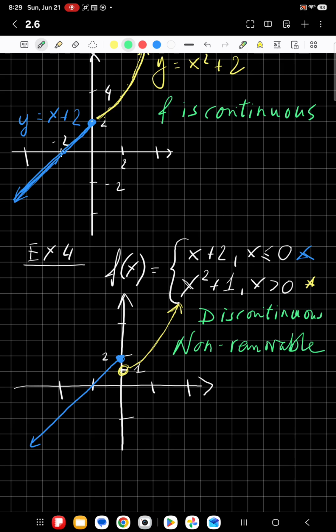Because those limits, right, are different. I'll write it more precisely, better later. Okay, so if I'm approaching 0 from the left, the value of the function approaches 2. When I'm approaching 0 from the right, the value of the function is 1, or the limit. Okay, so those limits are not the same.